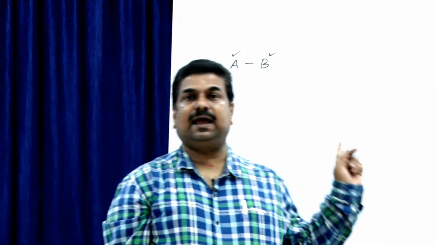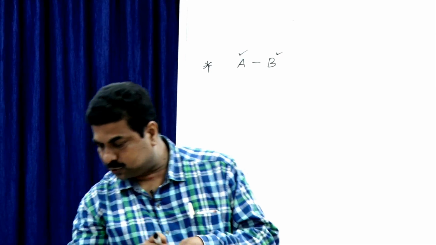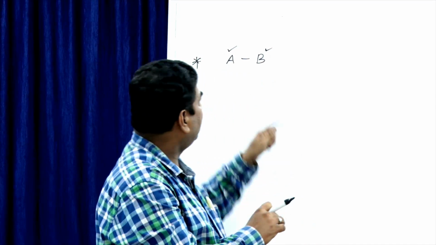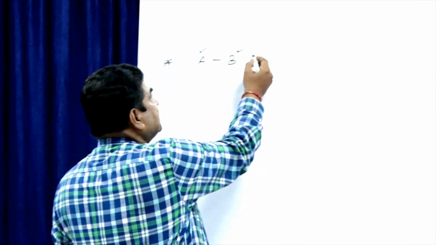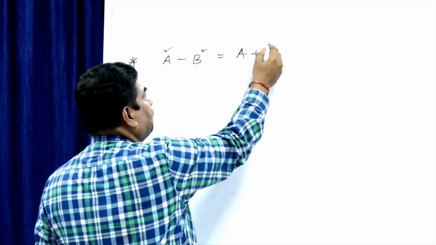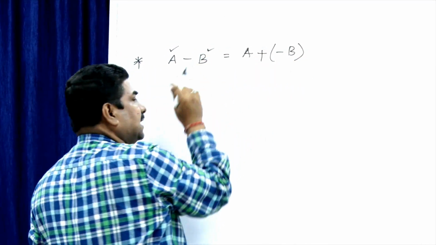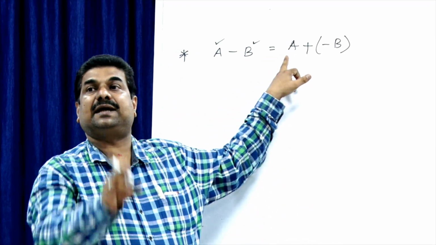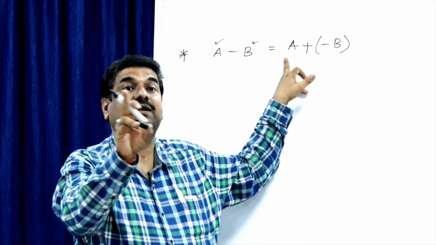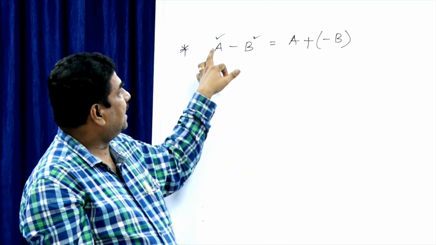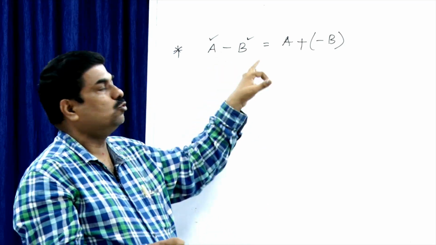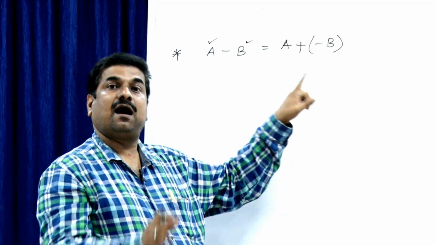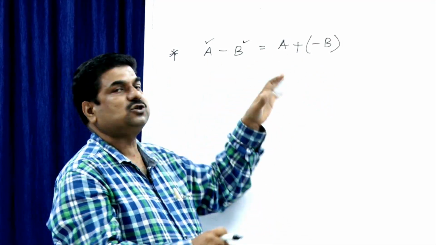For the difference of two matrices, A and B must be of the same order. Then we can write this as A plus minus B. That means the difference of two matrices is the sum of matrix A and minus of B. That can be written as A minus B. Again these two matrices must be of the same order; only then A minus B is defined.